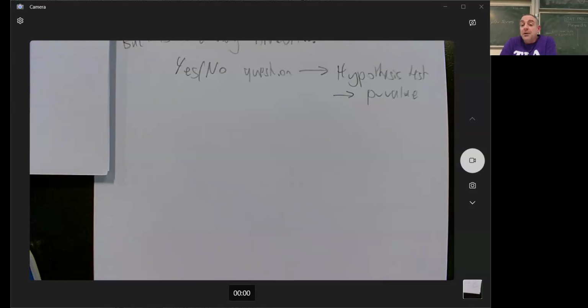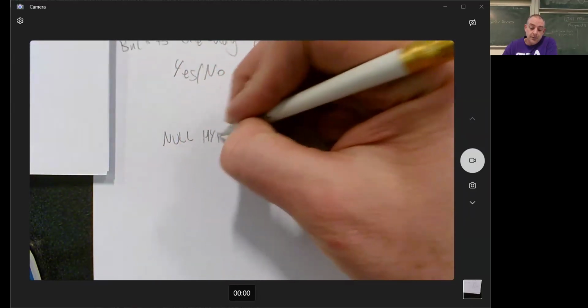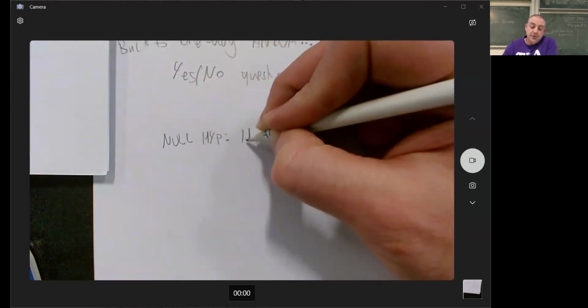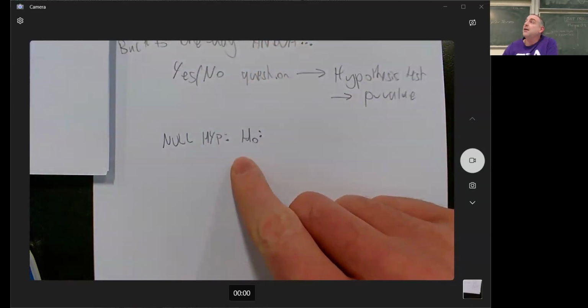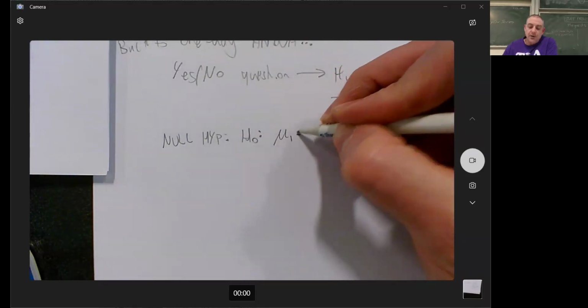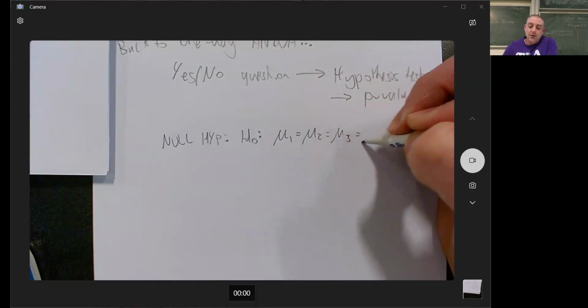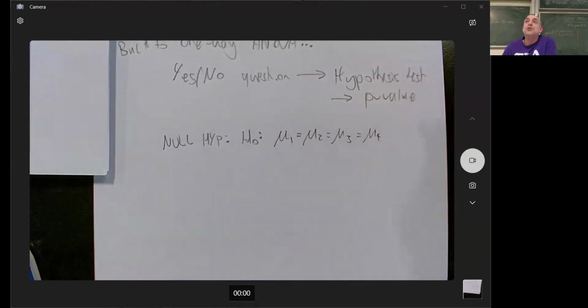So the only way to do a hypothesis test is to have a hypothesis to test, and so you need a null hypothesis. And your null hypothesis, that's how they write it, with an H0, is that the mean in one group and the mean in another group and the mean in another group, and however many groups there are, are all equal to each other.